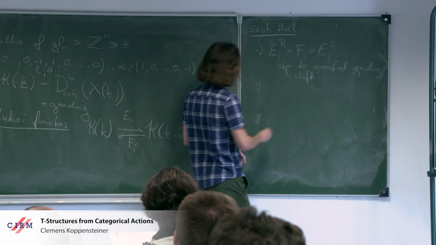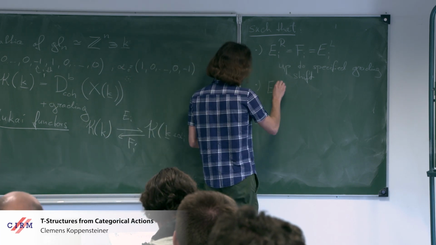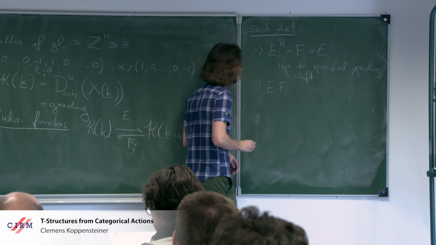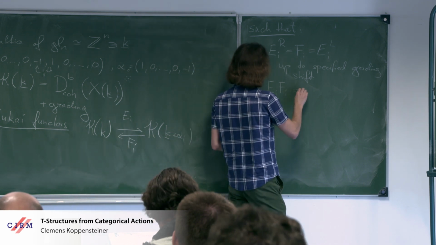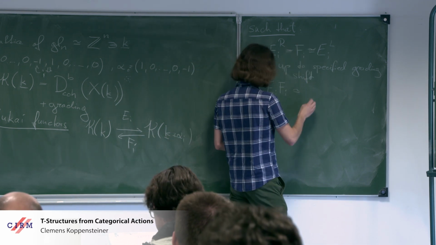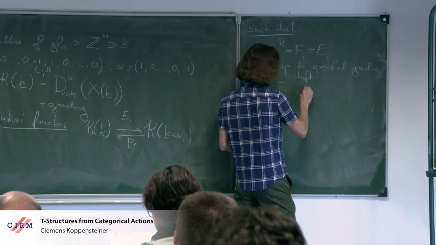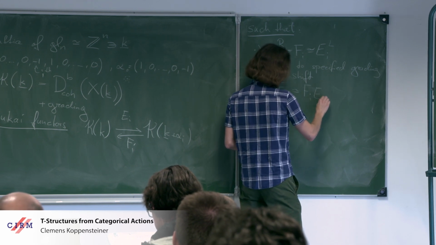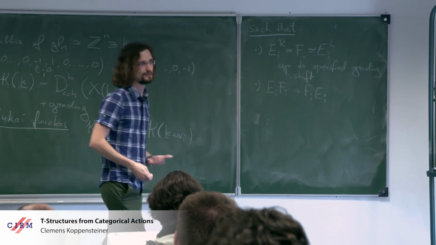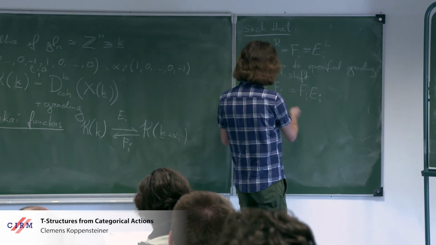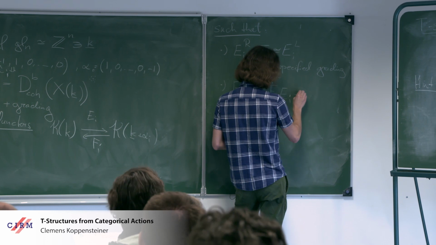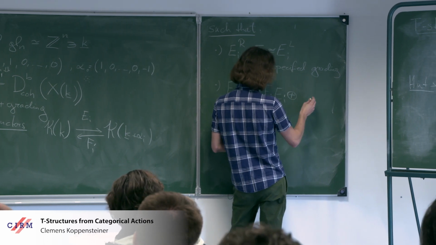Then I need commutator relations. So I have EI FI should be the same as doing it the other order. But again, as in usual representation theory, that is not true on the nose. You'll get a bunch of identities.